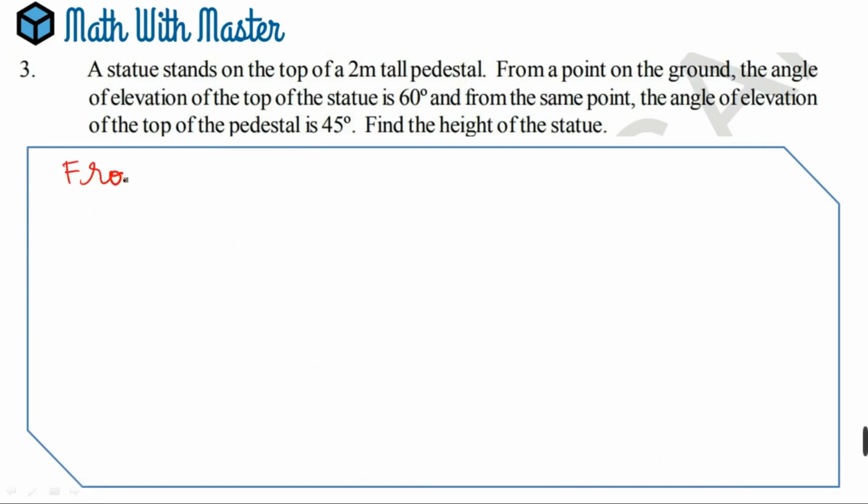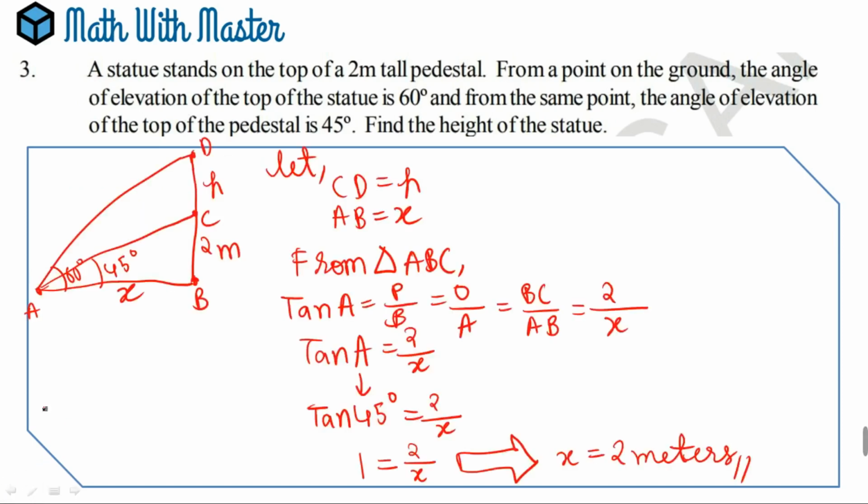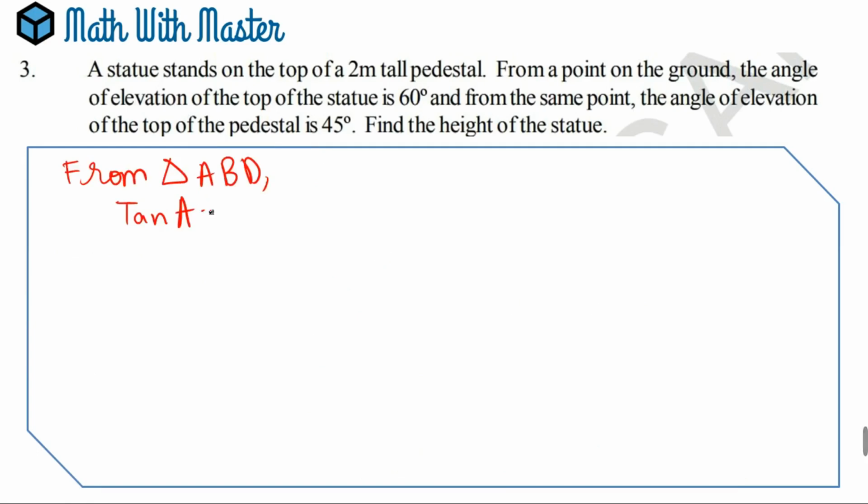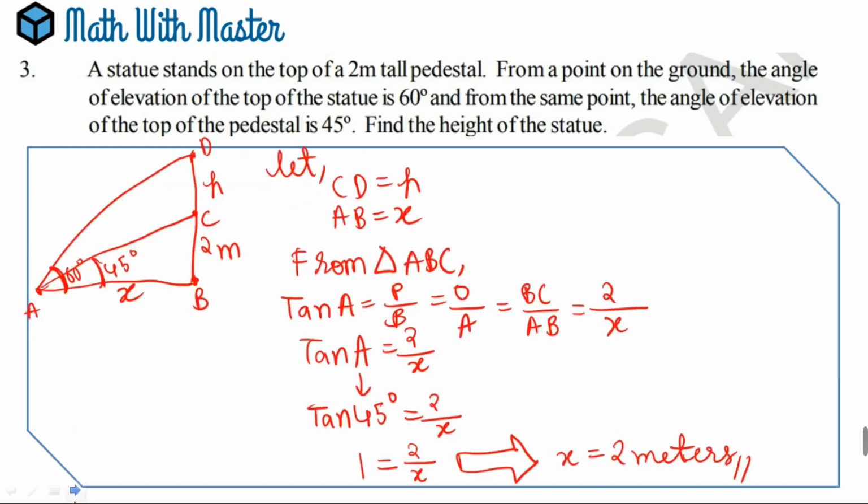So from triangle ABD, tan A, here angle A, in this triangle it is this, in this triangle it is this, observe. So tan A is equal to perpendicular upon base, which is also equal to opposite upon adjacent, which is equal to BD upon AB.